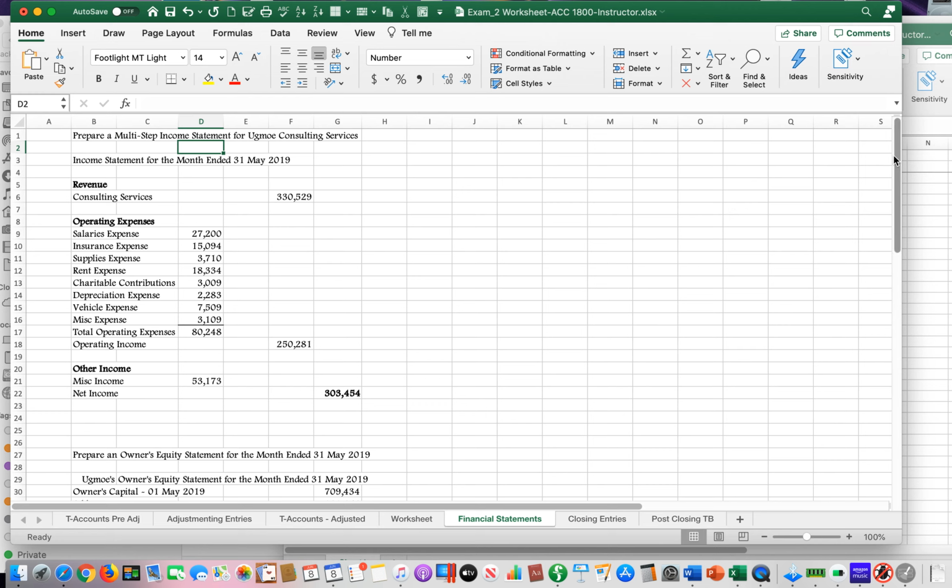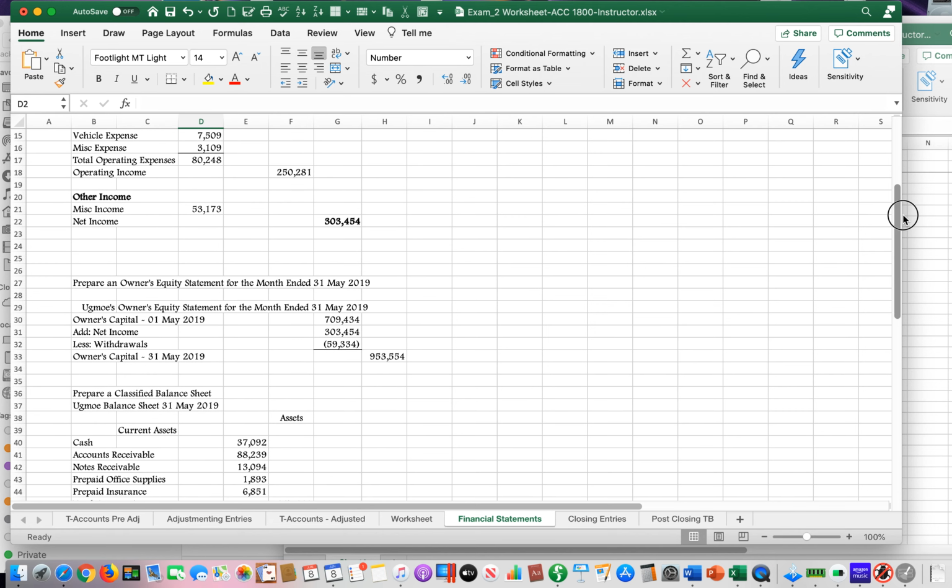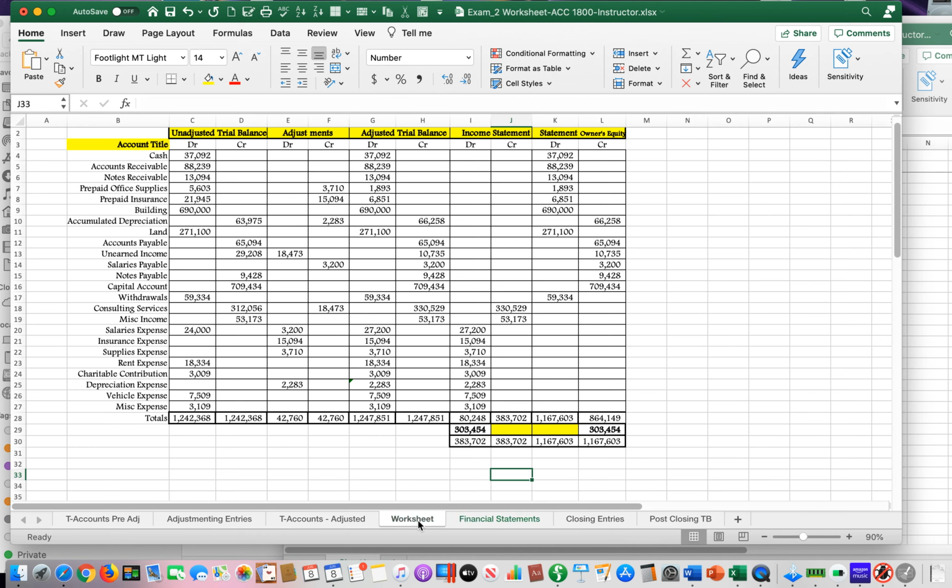Now, again, as you've learned before, you're going to prepare an owner's equity statement. Well, the owner capital came off the worksheet. See that? Let's go back to the worksheet. See that? Owner's capital, $709,000 right there.